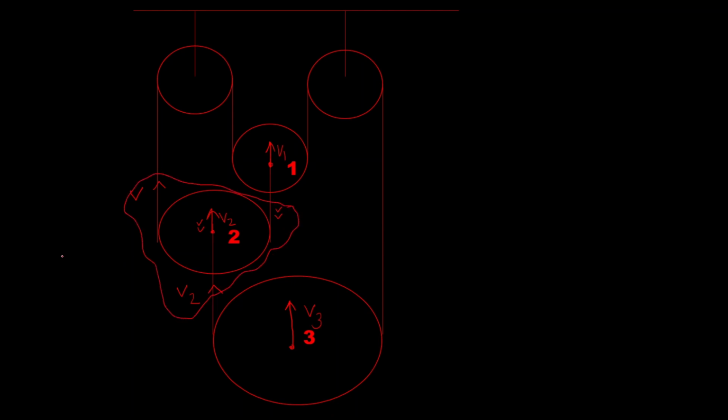So let the velocity of this part be something I do not know yet. So V plus this part over here divided by 2 is nothing but V2. So the velocity of this part is going to be nothing but 2V2 minus V, right? So let me write it down nicely.